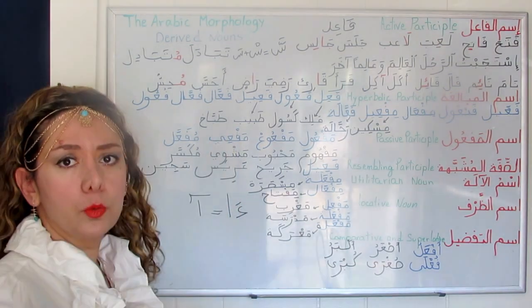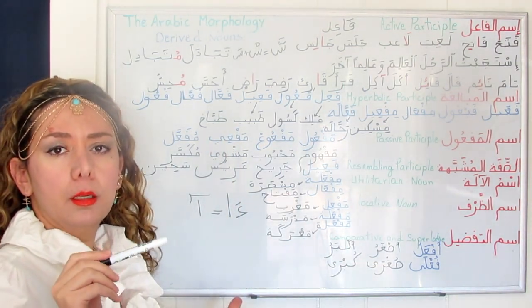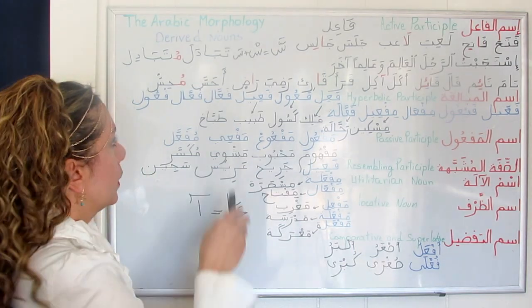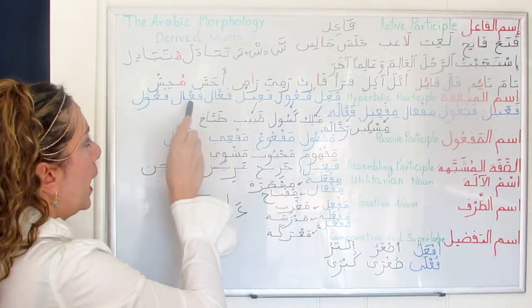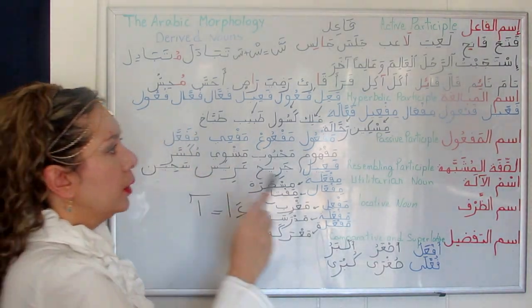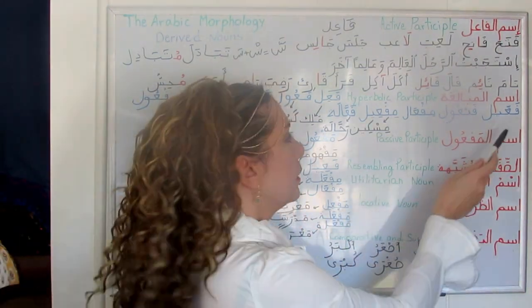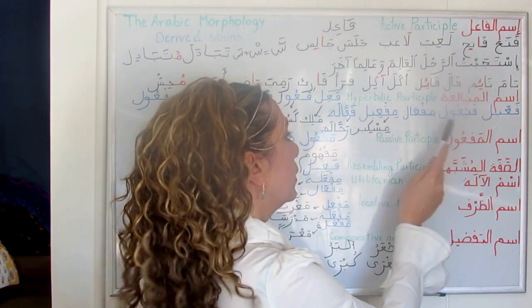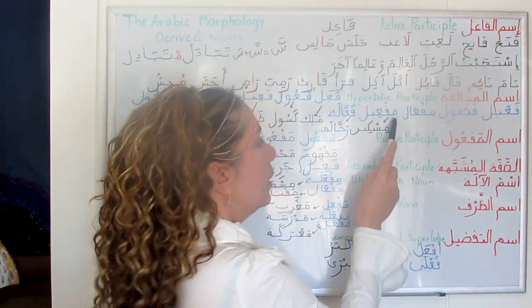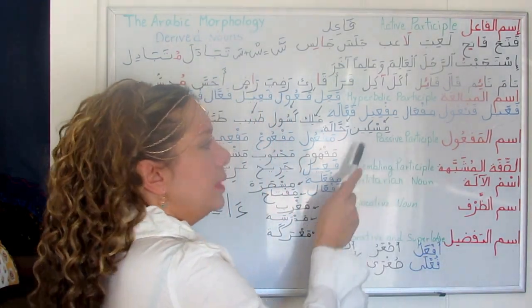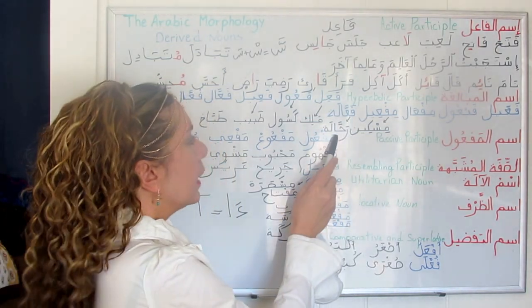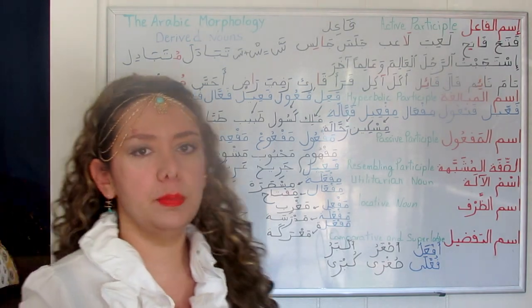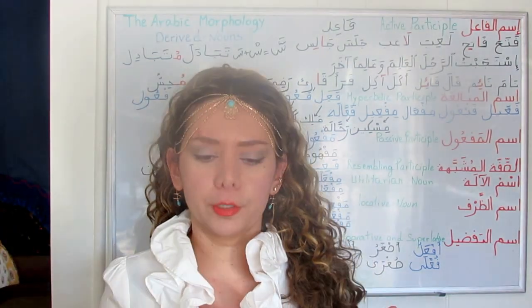It can even be plural, masculine, feminine, definite, indefinite. فعال, طباخ, chef. فعال, فعول, فعيل, فيعول, مفعال, مفعيل, for example, مسكين, very miserable. فعالة, رحالة, it means globe trotter.